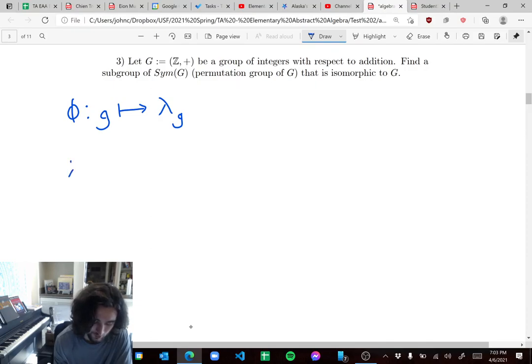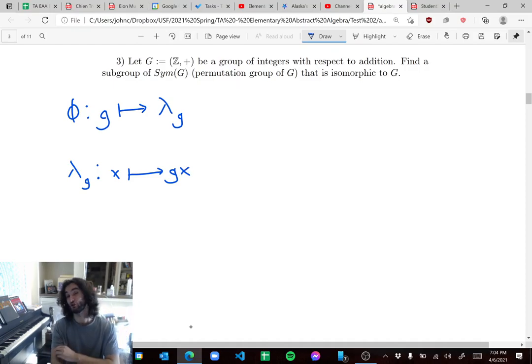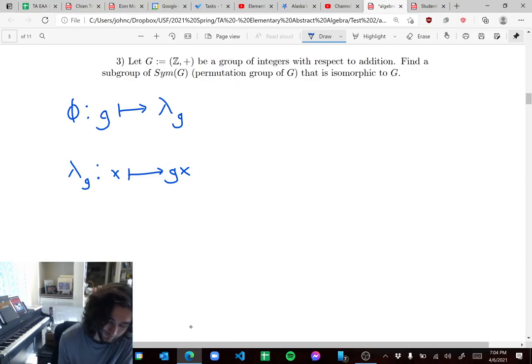And what is lambda g? Well, lambda g is the function that takes in an element x and turns it into g times x, right? I say g times x as in the operation of the group, but in this case our group is addition, isn't it? So I might as well call it g plus x.